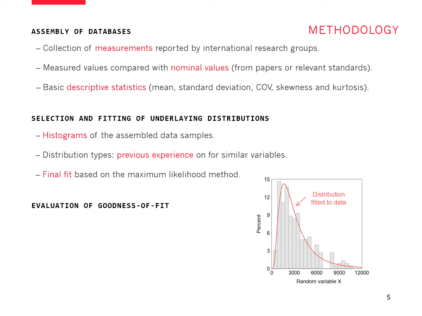Then we selected the underlying distributions using histograms and previous experience on similar variables, and we fitted distributions to the data. And finally, the goodness of fit of the distributions was evaluated.